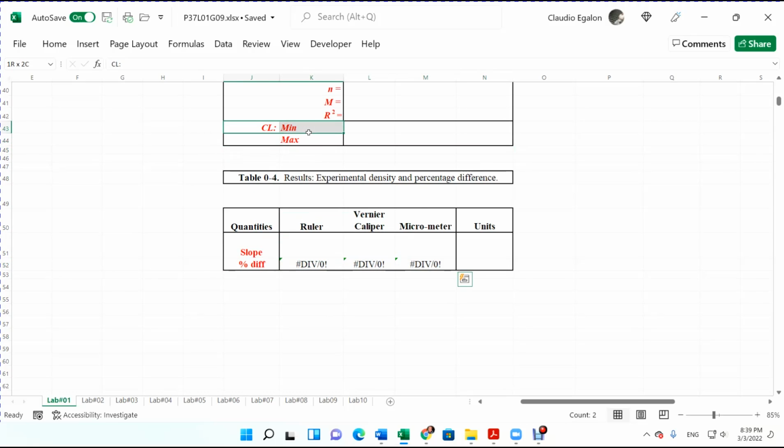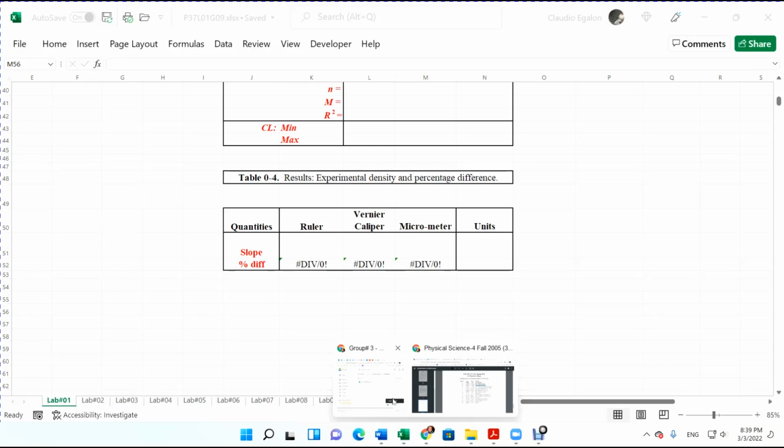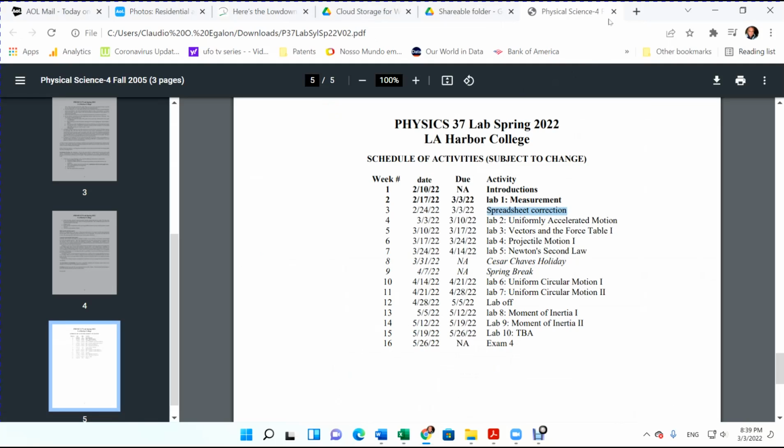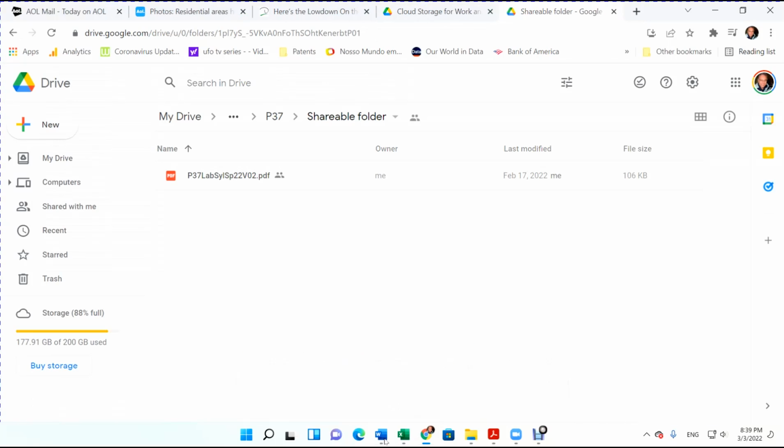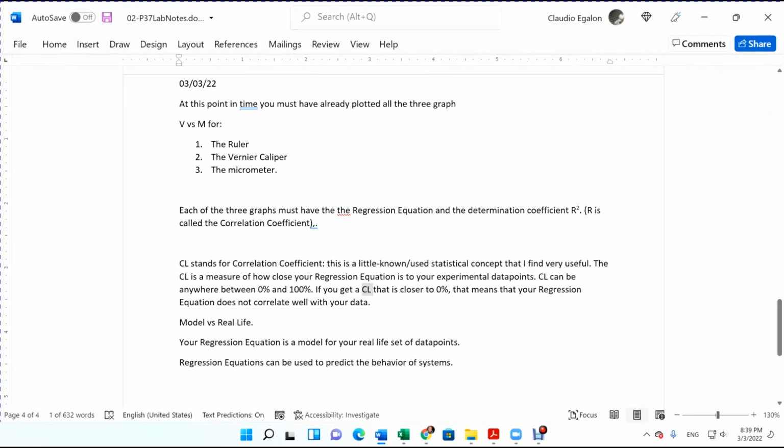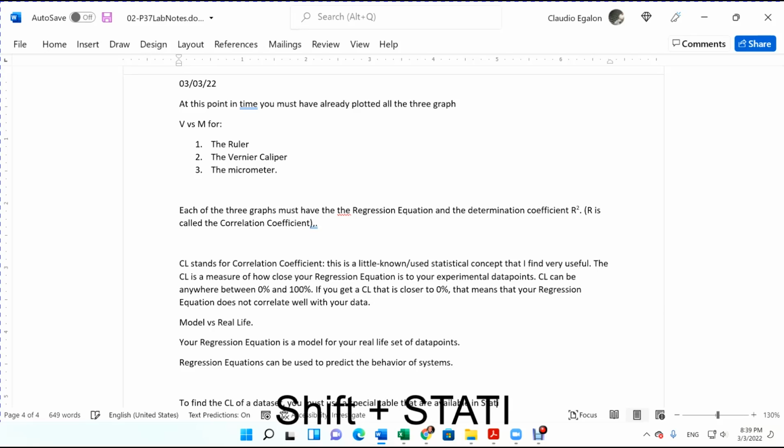Now let's see how the CL is determined. You have to use a special table that I prepare for you to find the CL of a data set. You must use a special table that is available in statistical books.